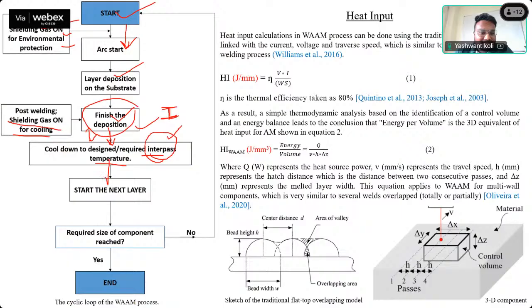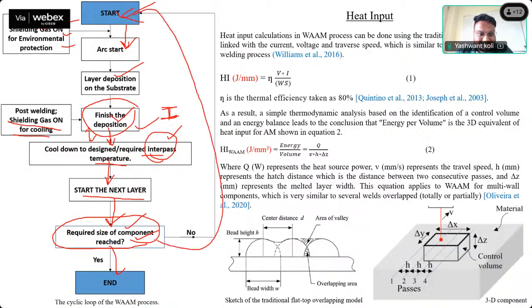After that we can give the next layer deposition, and if the required size is reached, we can end the process. Or if we want a taller component, like we have achieved 2 mm and we need 10 mm, then the process is repeated many times until the height of the component is completed.